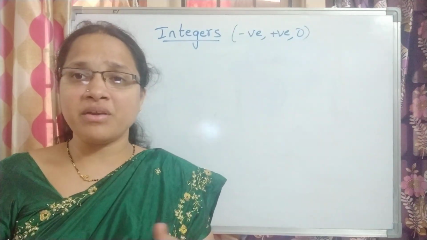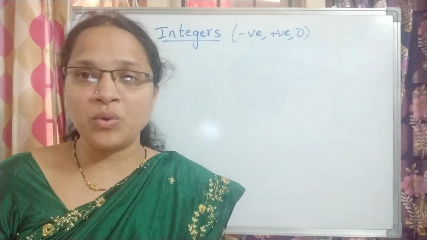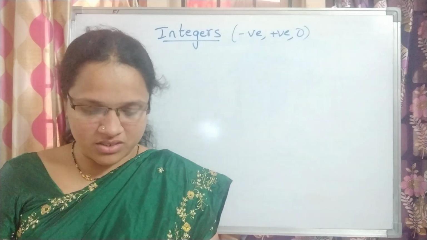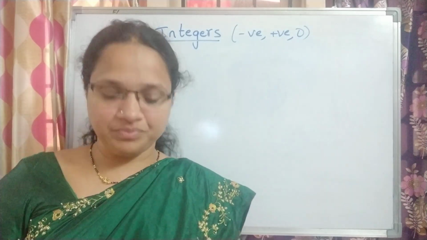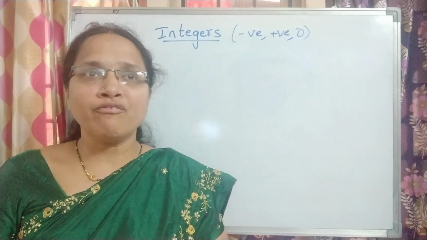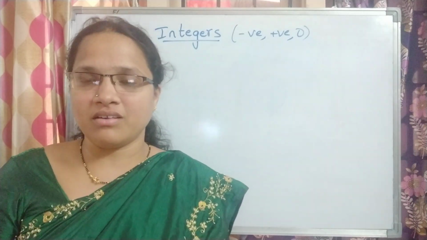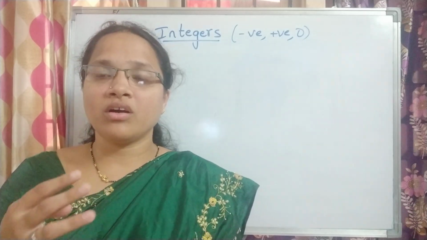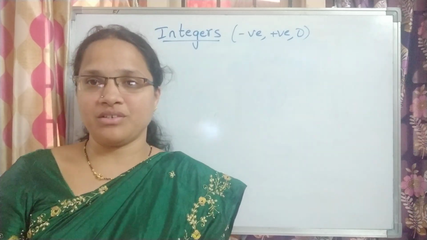And now I'm here again for the next video, which is related to properties. What is a property first? There are 4 different types of properties here which tell you how to follow your calculation.